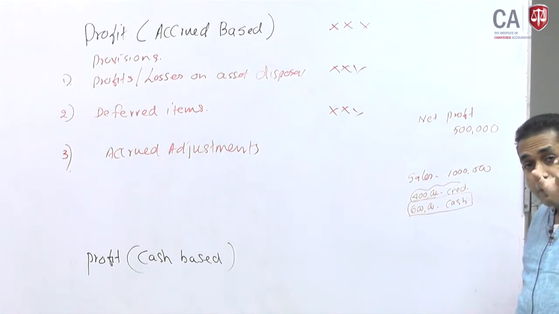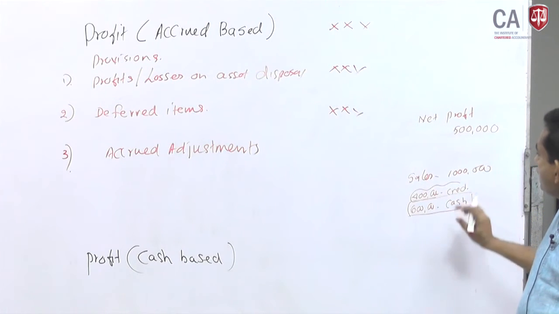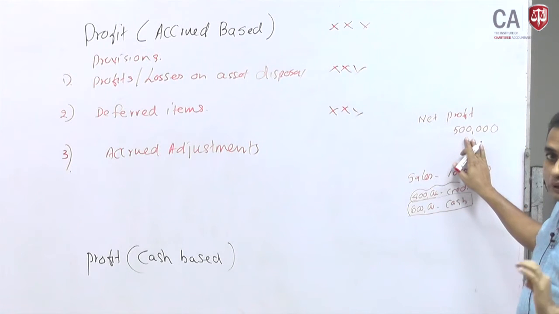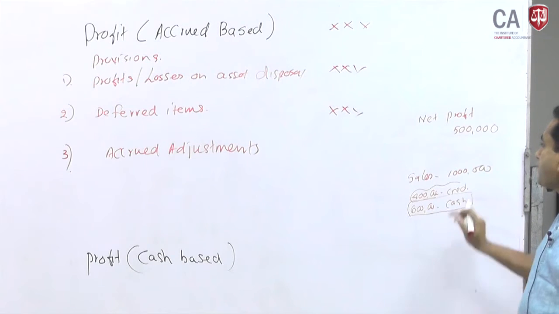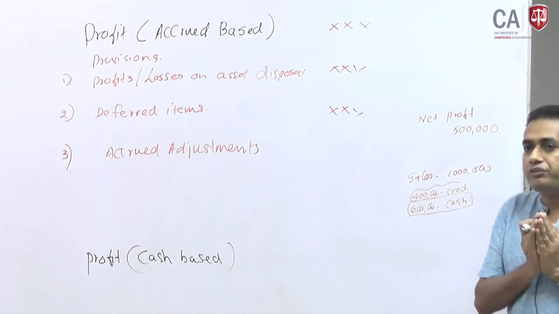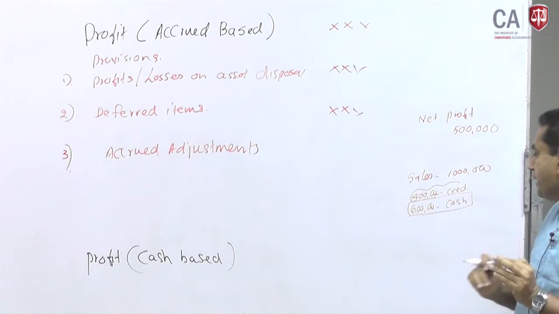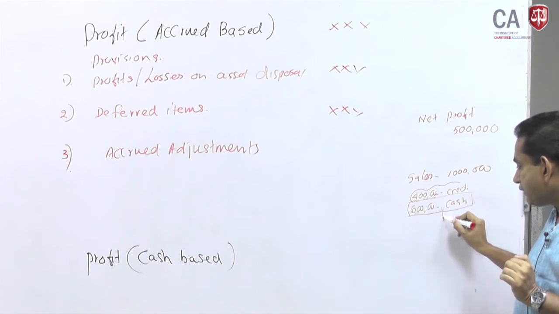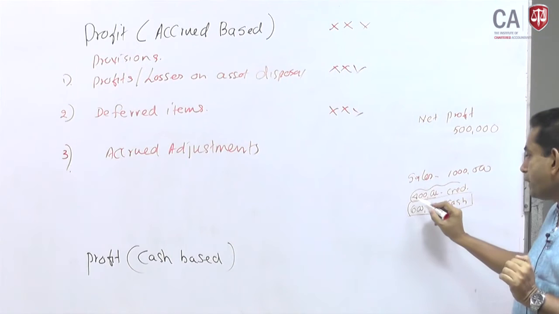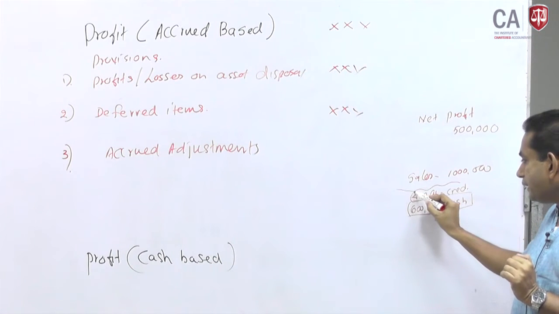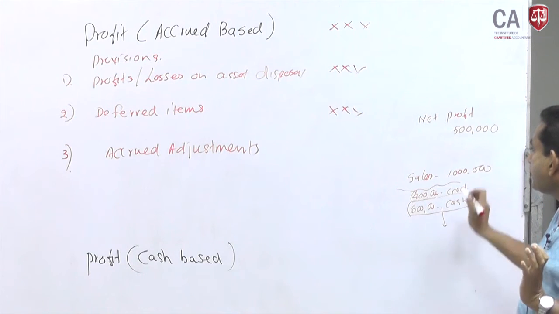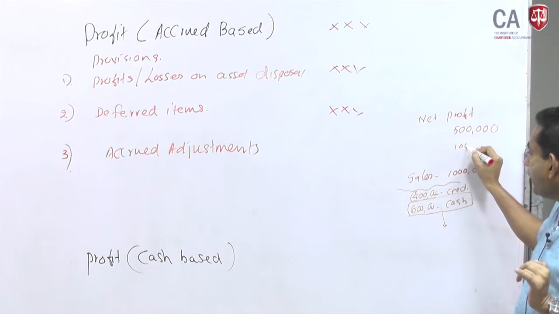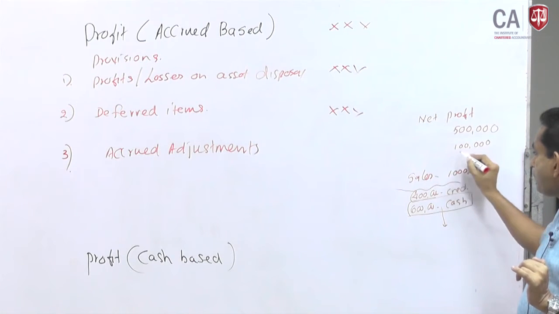And if your profit calculation was purely based on cash, your net profit figure wouldn't have been 500,000, would have been only 100,000, because your sales figure would have been only 600,000. We would not ever include the 400,000 credit sales figure into the profit calculation. So your net profit figure would have been 100,000 rupees.